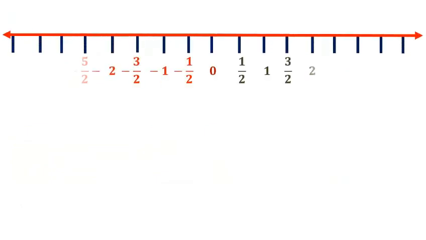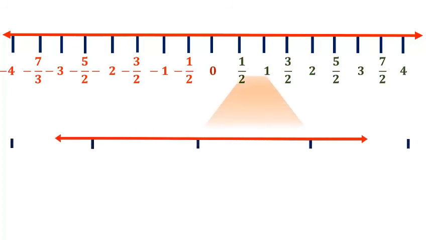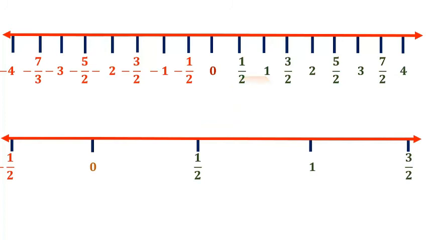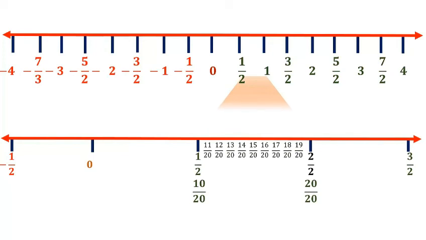Now listen, we have marked rational numbers on the number line. Between two rational numbers, we can write many rational numbers. How is it possible? Let's find out. Between 1 by 2 and 1, we can write many rational numbers. We have taken 1 by 2 as 10 by 20 and 1 as 20 by 20.